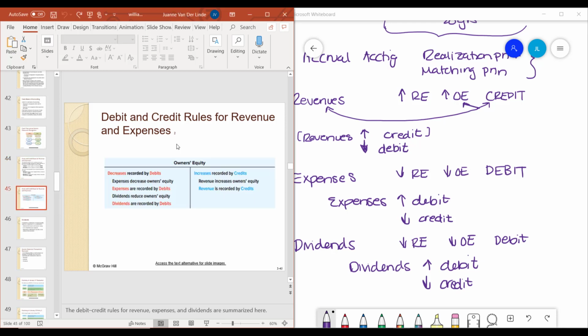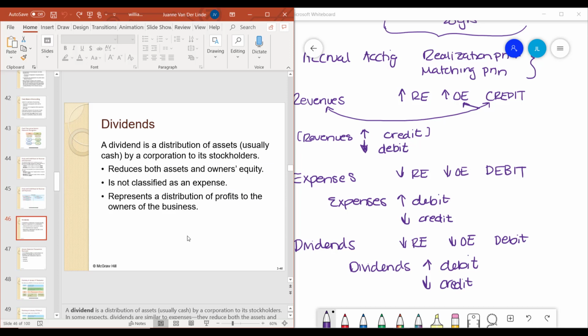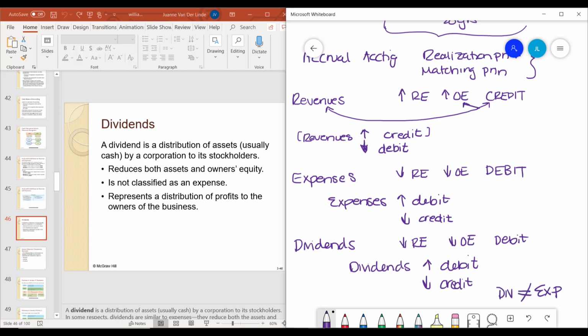And there's that summary of owner's equity increases and decreases that we just talked about. Dividends. Remember, that's a payment, usually cash, to owners. So when we pay a dividend, not only does it decrease assets, but it also decreases owner's equity. But let me be clear, dividends are not expenses. They have the same effect on retained earnings that expenses do, but they are not expenses.